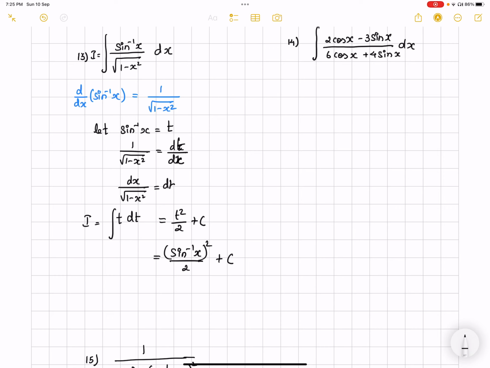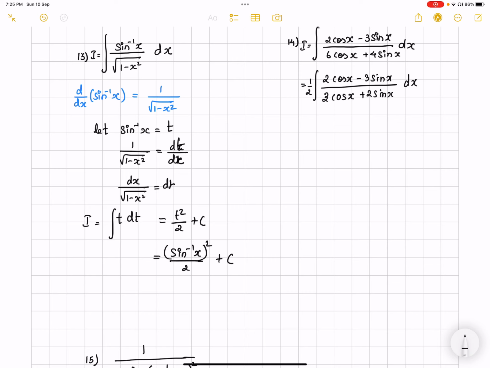Not possible. Anything common from the denominator? Yes, I can take 2 common. So let's do that first. So I would have 1 by 2, (2 cos x minus 3 sin x) divided by (3 cos x plus 2 sin x) dx.